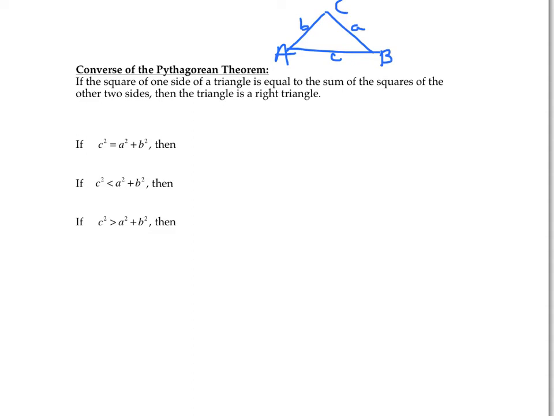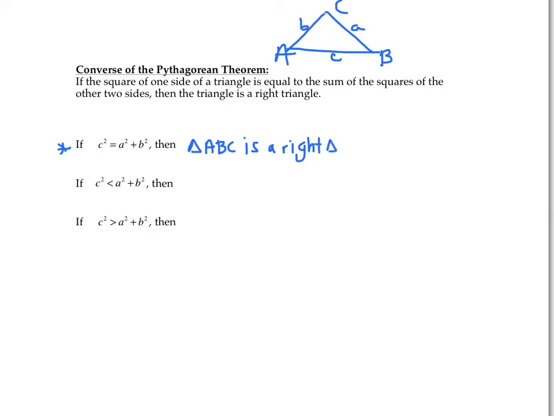So if you have a triangle and you plug the numbers into the Pythagorean theorem and you get that c squared is exactly equal to a squared plus b squared, then that means that triangle ABC is a right triangle.